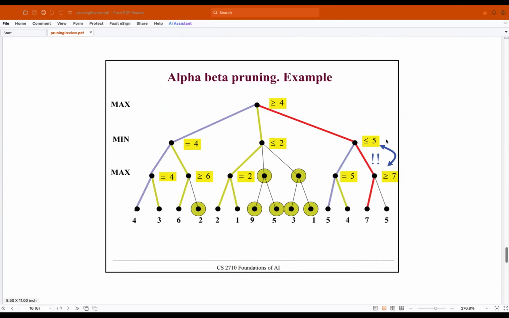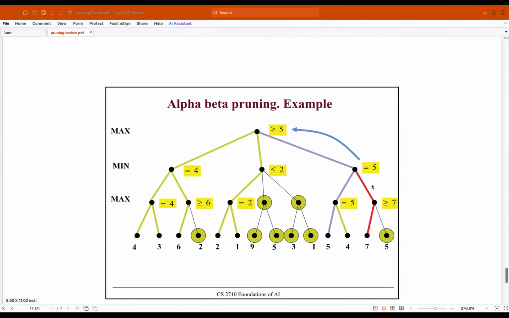So we now remember the beta rule when it comes to beta pruning. When you are minimizing, don't expand any child nodes once an evaluation is seen whose value is higher than the beta value. And that's what has happened here. So this child will not be expanded.